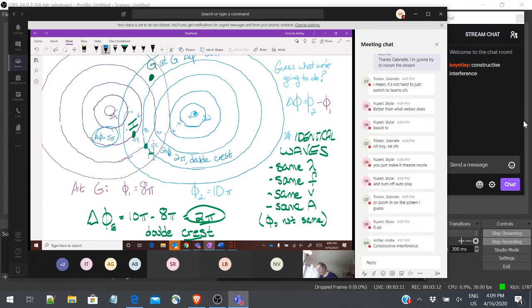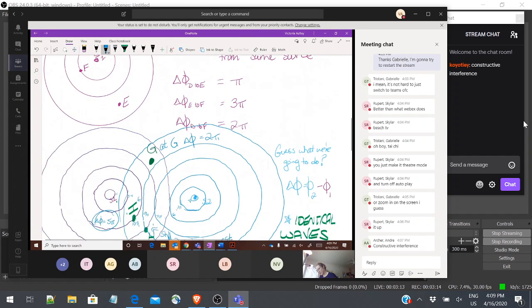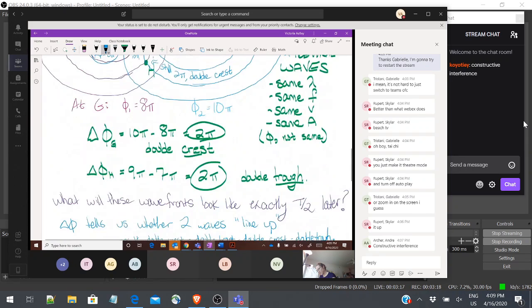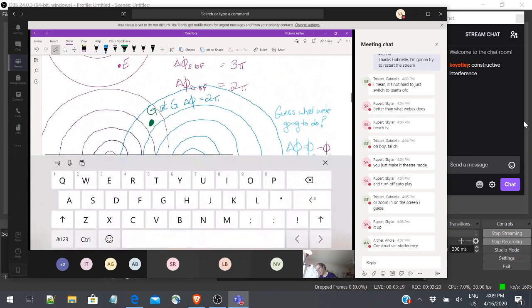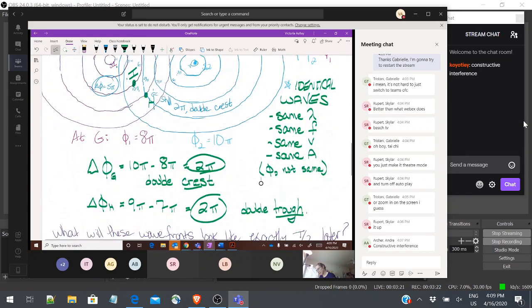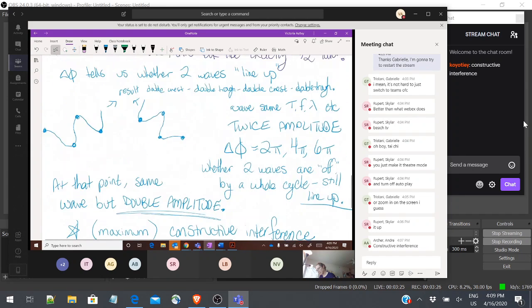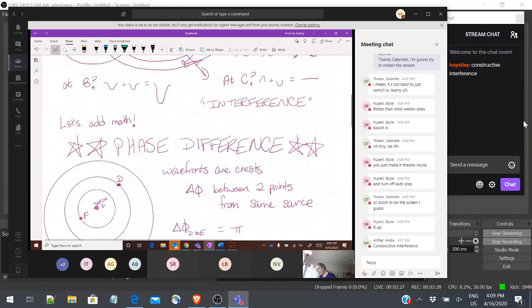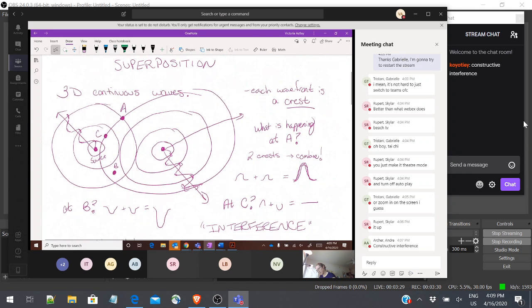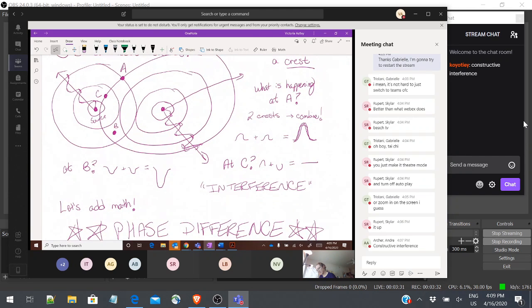I guess I erased it. That point where it was going to be 0, I don't remember where that point was. Oh, there we go. Right, remember it's C, where it was the crest for one and a trough for the other.